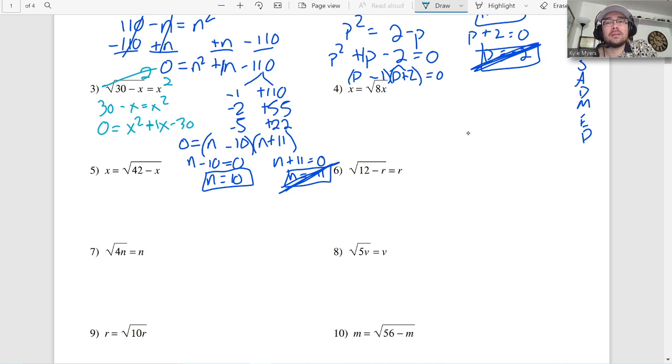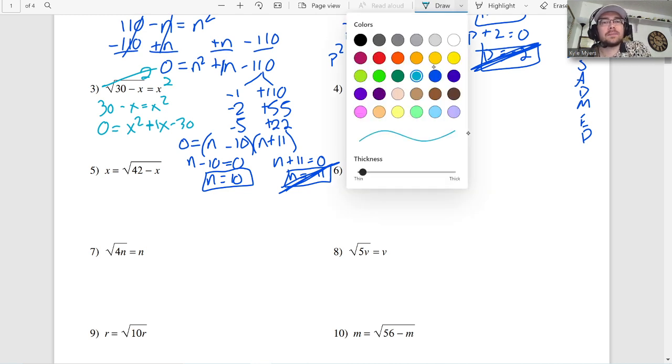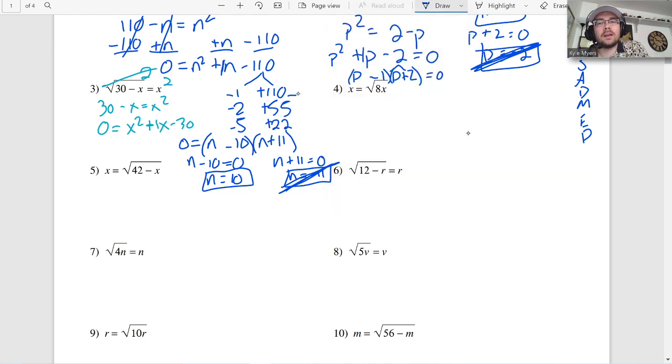If you're new to factoring, that's kind of what I did here, except this would have been 109, this would have been 53, this would have been 17, this would have been 1, right? So on and so on. I'm going to scratch that out because it's going to look like it equals 1 instead of 0. But all of those would have equaled something. And then you figure out, oh, hey, if -10 plus 11 is 1, then that's the two factors that I need. Okay, so you can do that as well if you need to.